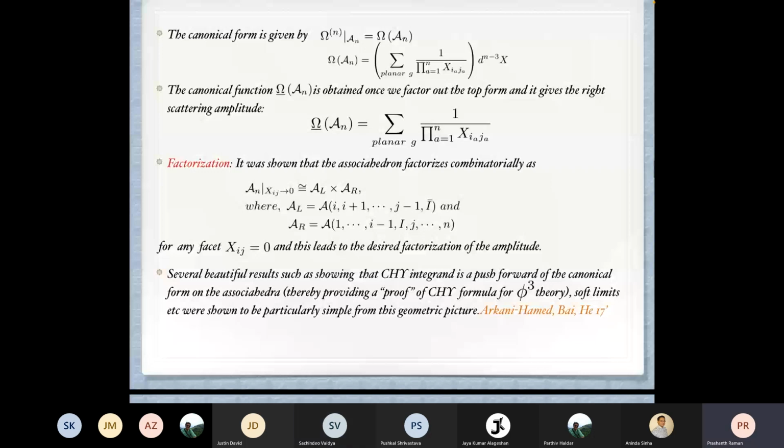Now, an important feature of this geometric object, the associahedron, is that it factorizes combinatorially.